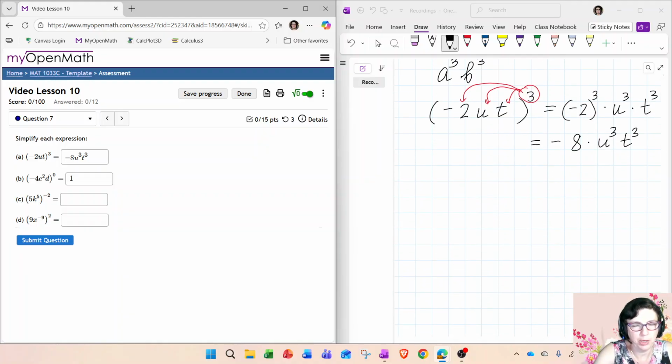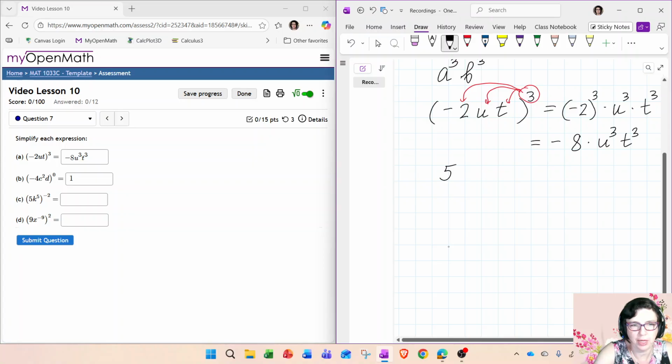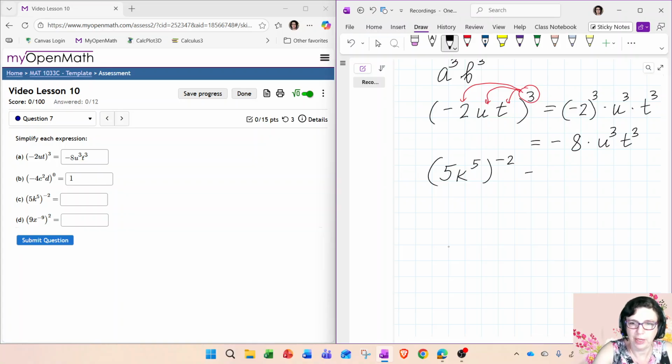Okay, now let's take a look at the third example. That one is going to be a little bit more complicated because of the negative powers, but let's see if we can get through that. We've got power negative 2. Let's go ahead and distribute this power negative 2 to each term using the product to power property. We're going to get 5 to the power negative 2 multiplied by k to the power 5, and we're raising that to the power negative 2.